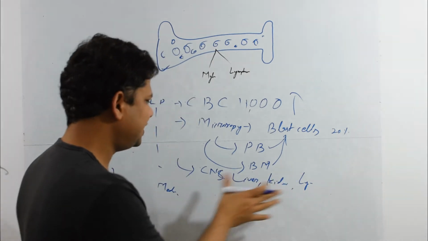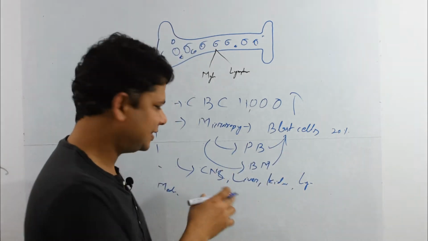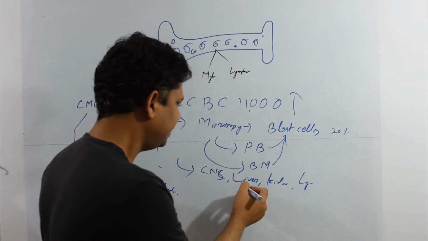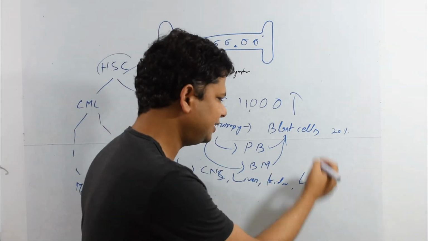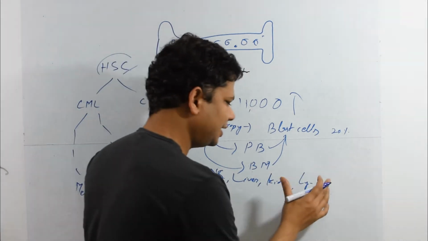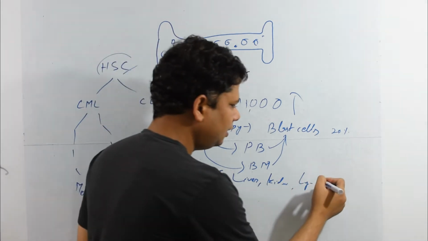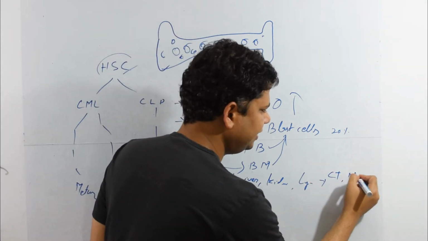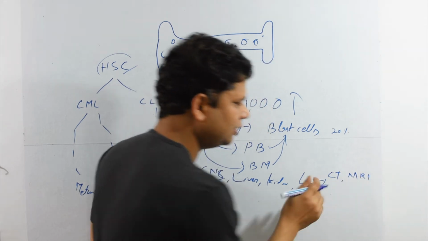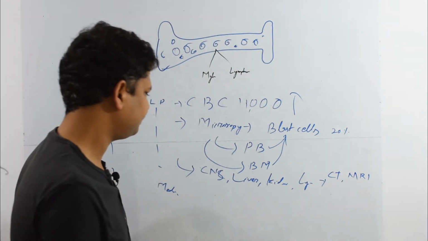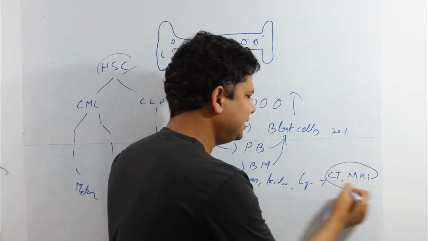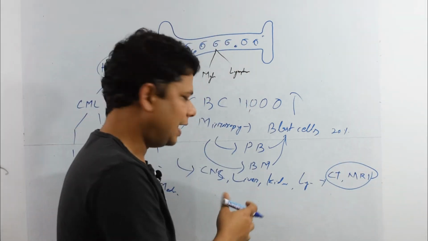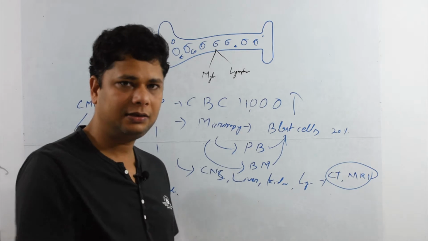In those cases, the doctor will prescribe a biopsy from the CNS, or a liver function test, kidney function test, or lymphoid organ test. They can also prescribe a CT scan or MRI to confirm. After the CT scan and MRI, they can make the stages. According to the stage, they can start the treatment.